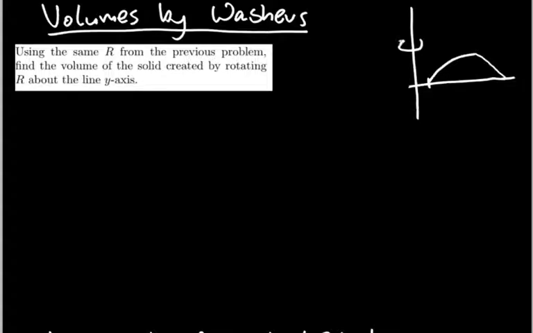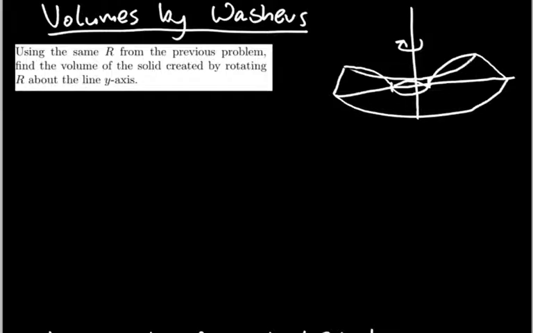So if that's rotated around the y-axis, then we're going to get something like this. So it's going to be like this thing that just rotates. I guess it's kind of like a bundt cake.